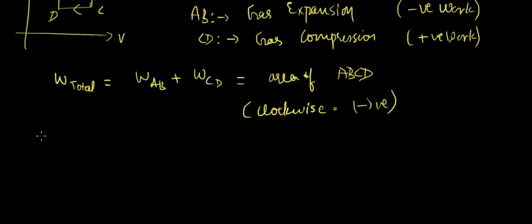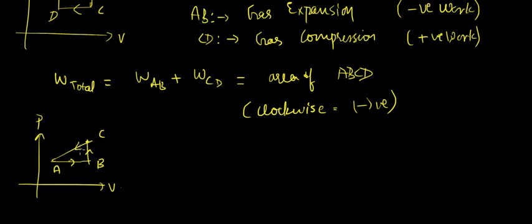Okay, so just as in this case, suppose we have a PV curve in which the gas goes from state A to B, then C. So this is the process.